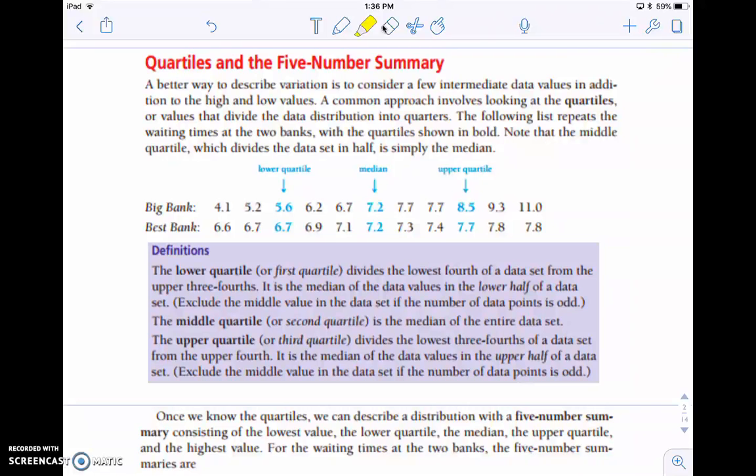So instead of just looking at how far we are from bottom to top, this is going to give us 5 points along the way so that we can visualize how spread out they are, from top to bottom and then in the middle as well. So this common approach involves what are called the quartiles, and that's just dividing your data into quarters.